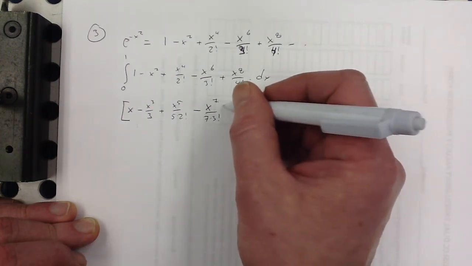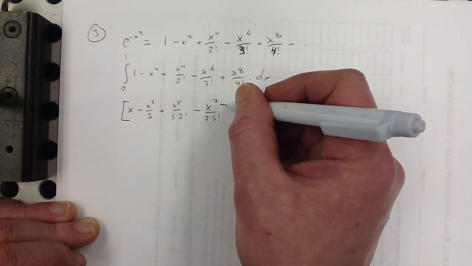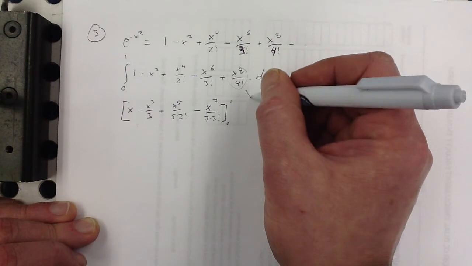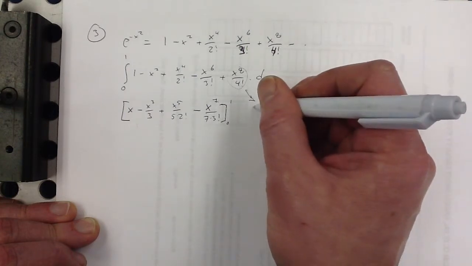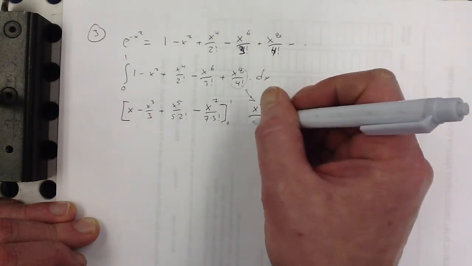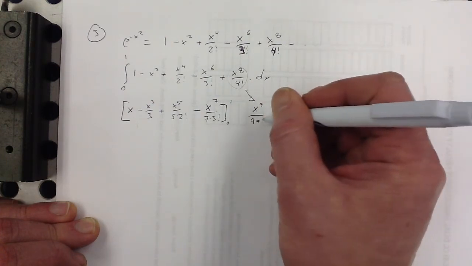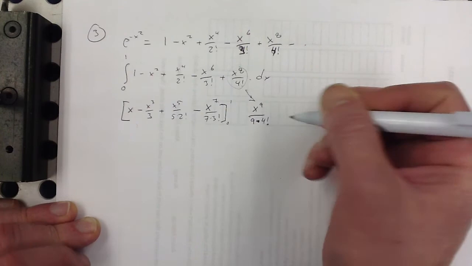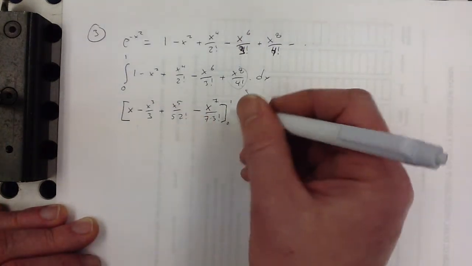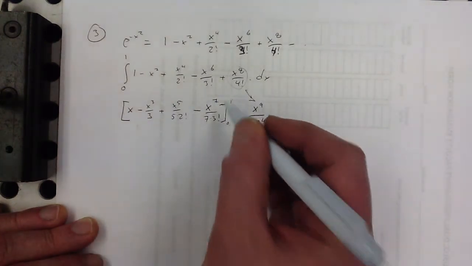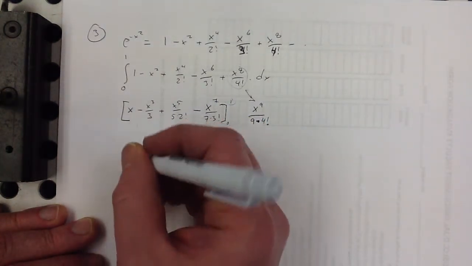And I'll tell you what, let's do this. I'll use that for my approximation, and I'll save that. The antiderivative of my next term would be x to the 9th over 9 times 4 factorial. Now when you go from 0 to 1, the zeros just make them all 0. So really what we're looking at is this series with a 1 plugged in.